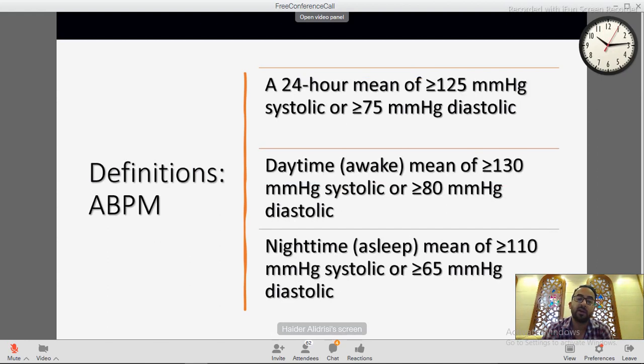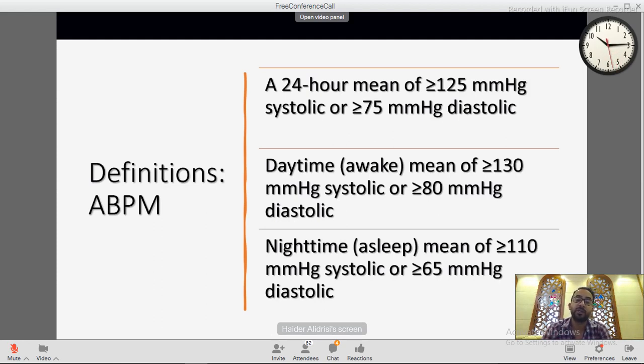This is a device that is kept on the right arm or the left arm of the patient in order to measure the blood pressure serially at home.